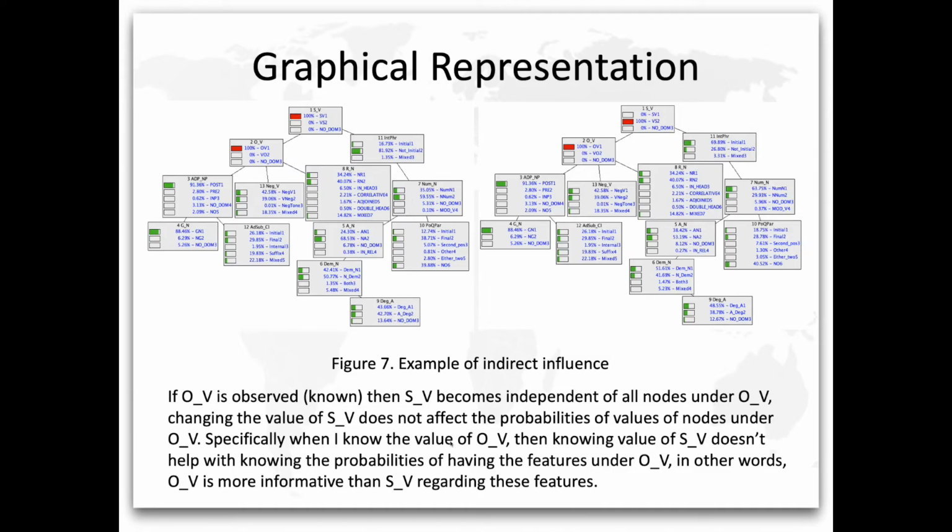So this is just to say, if we know the value of OV, then knowing the value of SV doesn't help with knowing the features under OV. In other words, OV is more informative than SV regarding these features under OV.